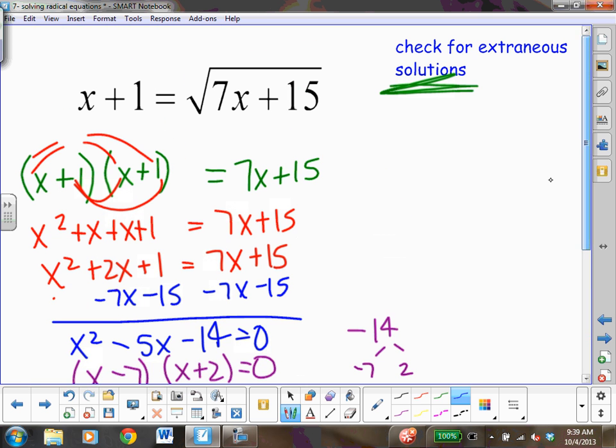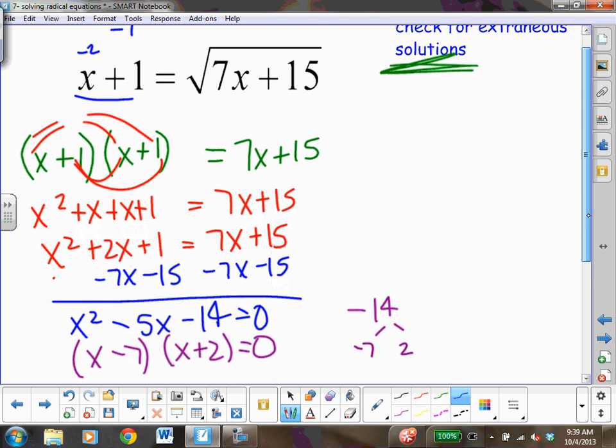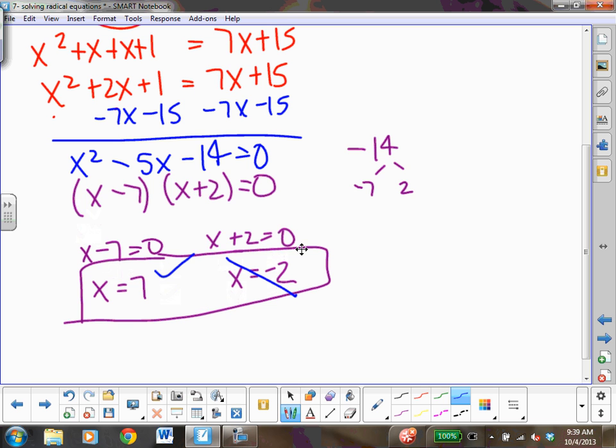For the second solution, negative 2, if I plug in negative 2 into just this side of the equation, I end up with a negative 1. Well, in no way, shape, or form will a square root be equal to a negative number. So that means that x equals negative 2 represents an extraneous solution, and there is only one solution to this problem.